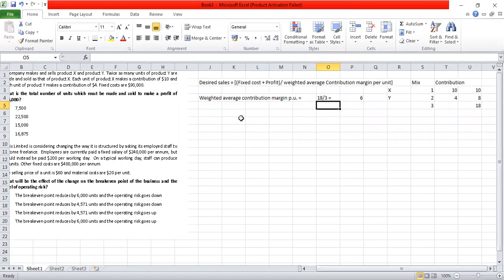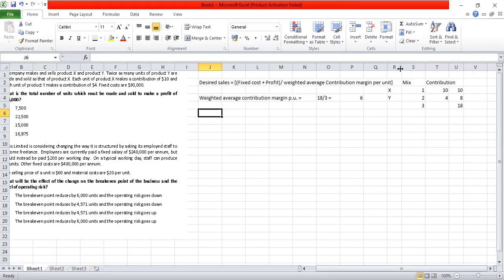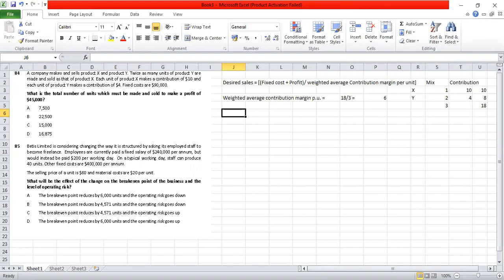So for us, desired sales, or targeted sales, based on the formula, is fixed cost of 90,000 plus profit of 45,000, divided by the contribution margin, which is the weighted average contribution margin, equal to 6.